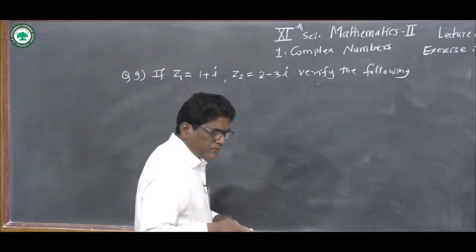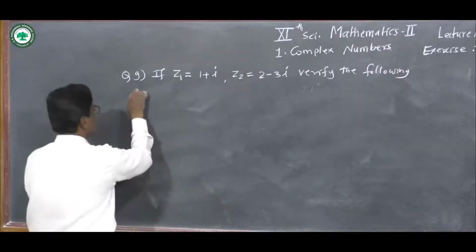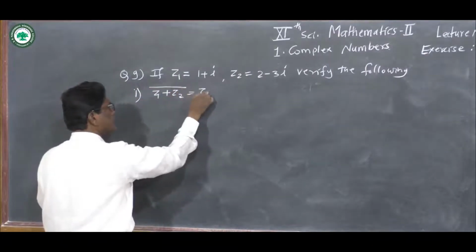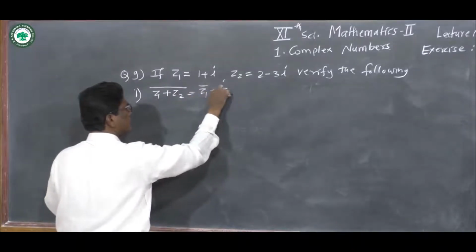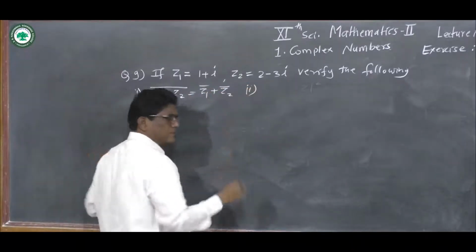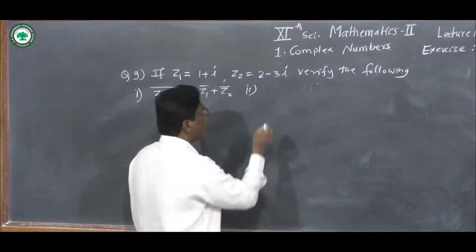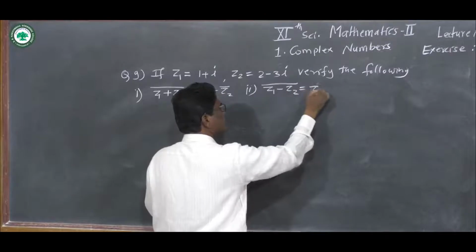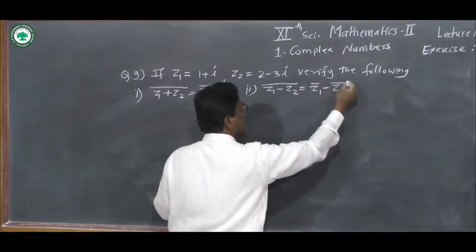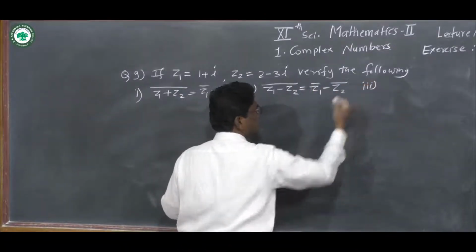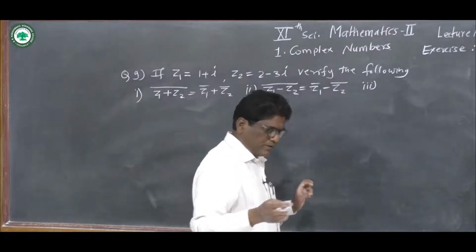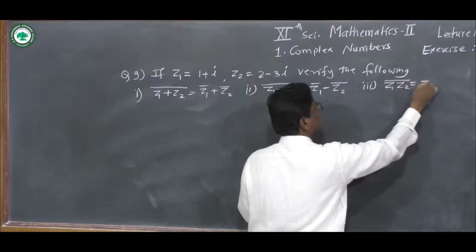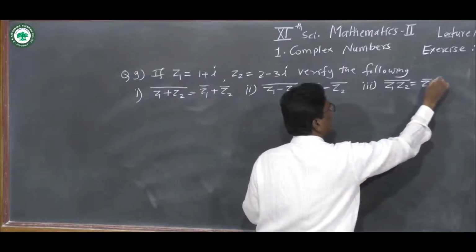First one, bar of (z1 plus z2) is equal to z1 bar plus z2 bar. Second one, bar of (z1 minus z2) is equal to z1 bar minus z2 bar. Third one, bar of (z1 z2) is equal to z1 bar into z2 bar.